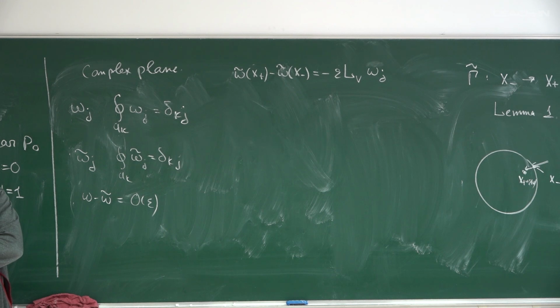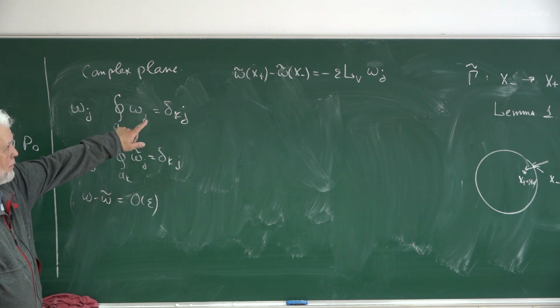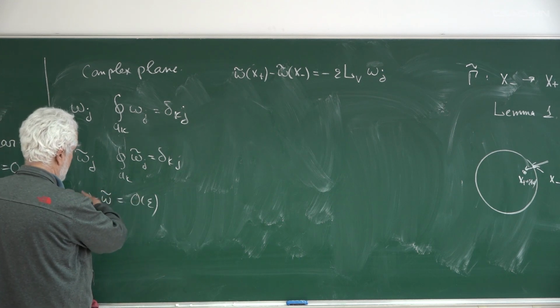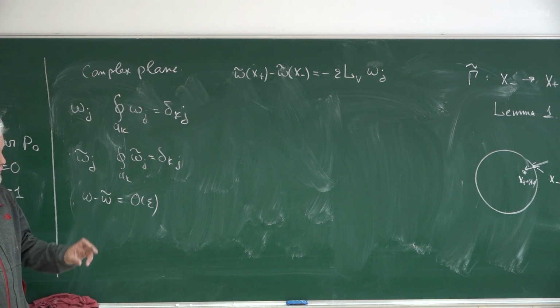I repeat the following. How to define differential omega tilde? Is there no term in epsilon squared? No, it is an exact identity. Omega minus omega tilde is a deformation of order epsilon.